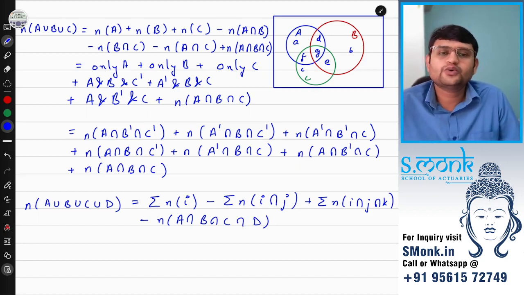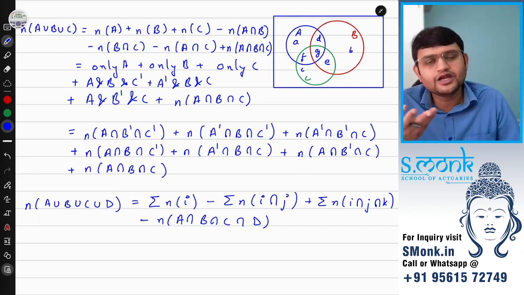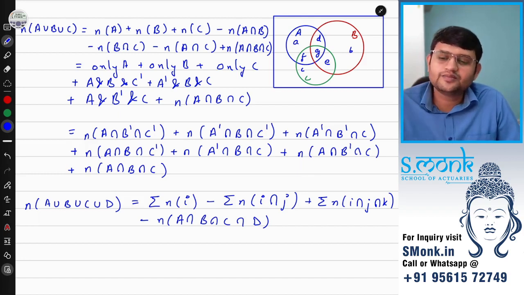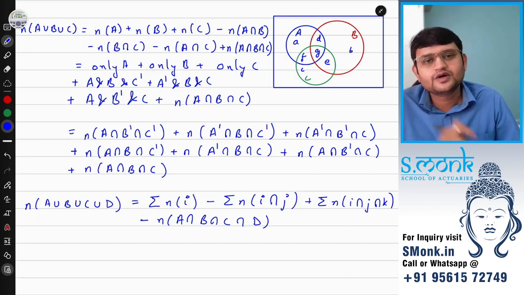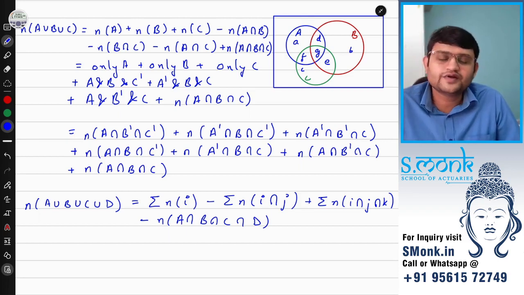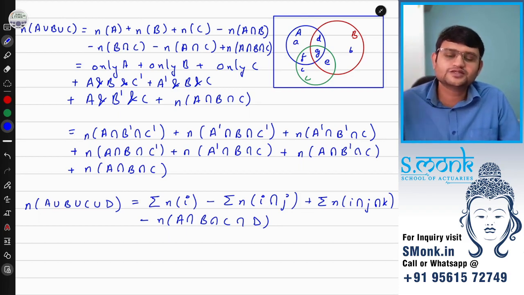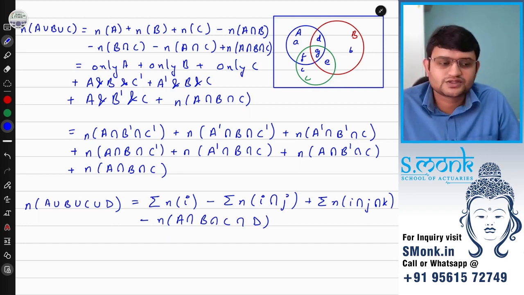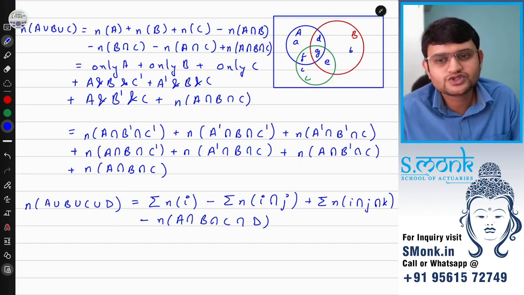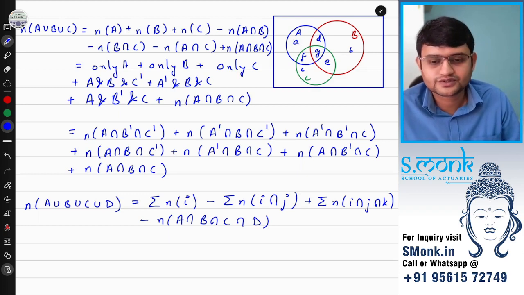So this is how it works. For 5 also you will do the same thing: add up individual, then subtract pairwise intersections, then add up triple intersections, then subtract 4-way intersections, then add the 5-way intersection. So alternatively you do plus, minus, and increase the intersections by 1. That is how the general formula works.